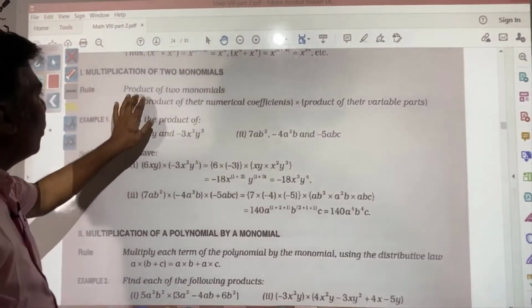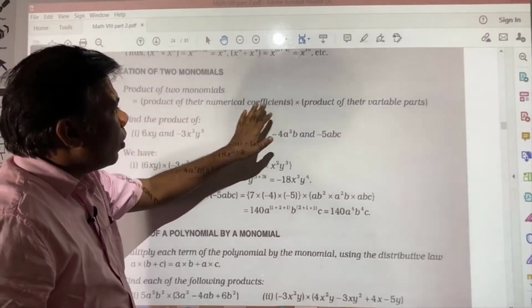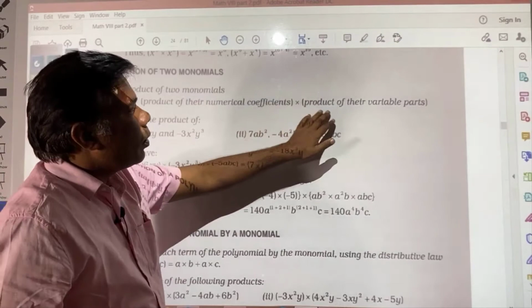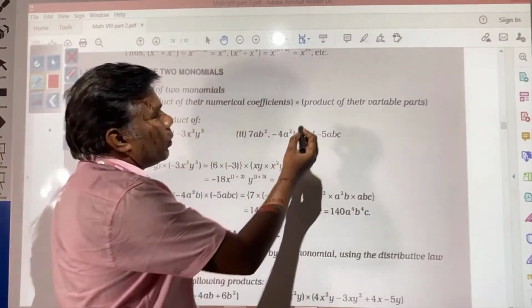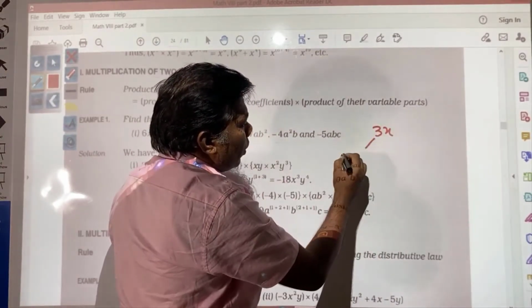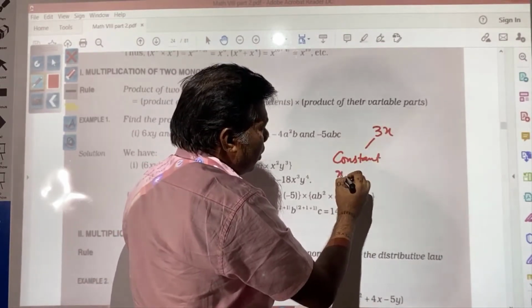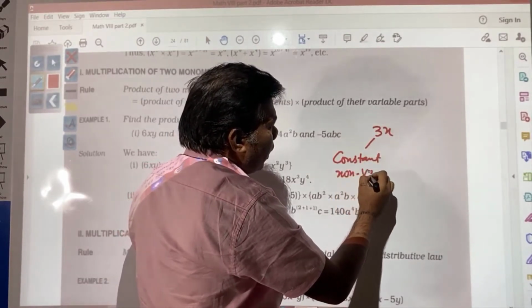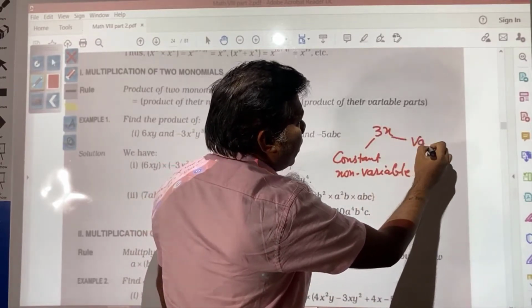Here you see, the product of two monomials is the product of their numerical coefficients into the product of their variable parts. If any expression has been given, suppose 3x, here 3 is called the constant or non-variable, and x is called the variable.